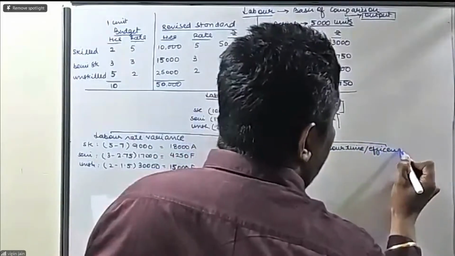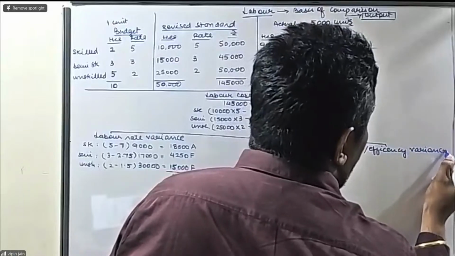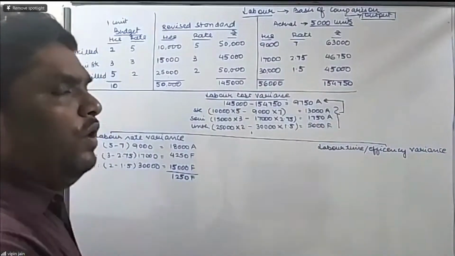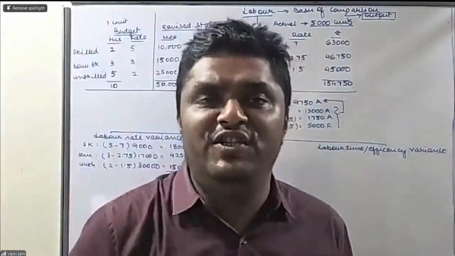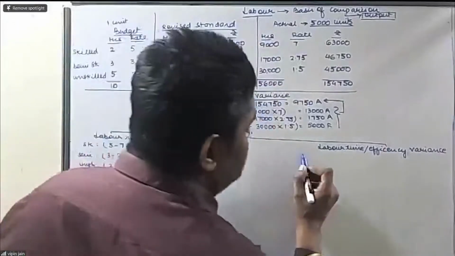Or we can say efficiency variance. Labor time and efficiency, we can call it as time also, we can call it as efficiency variance also. Again, the concept will be same, just like usage.